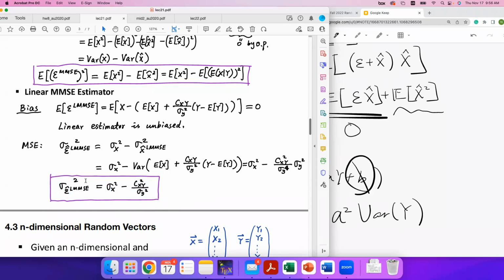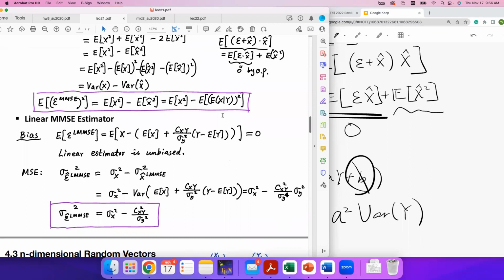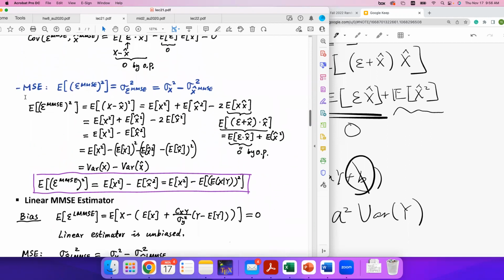So the mean square error of the linear MMSE estimator is given by the variance of X minus the covariance to the power of 2 divided by the variance of Y. So in the homework problems, you don't have to go over this proof again.